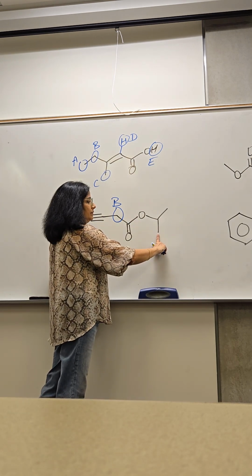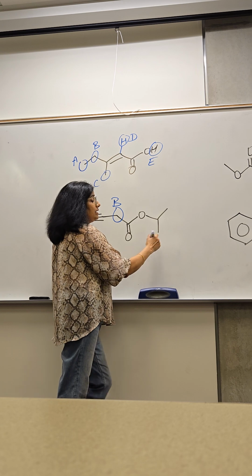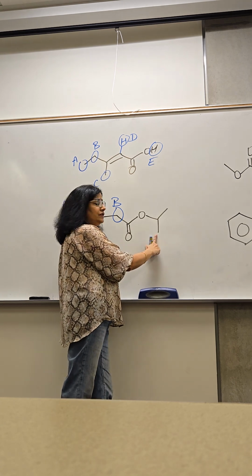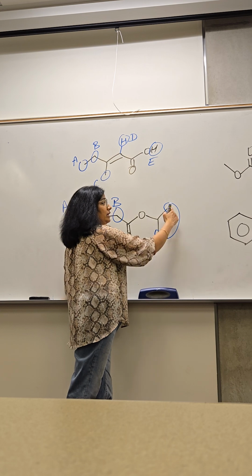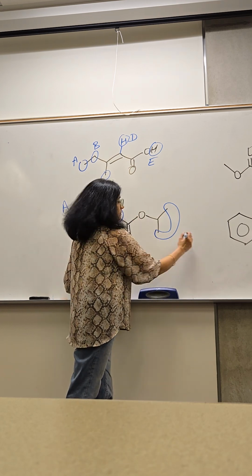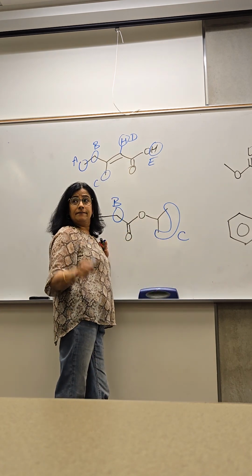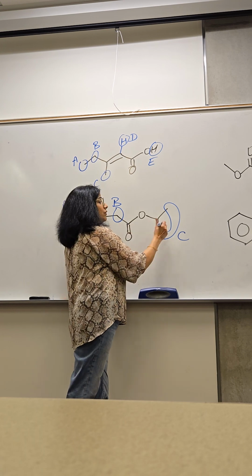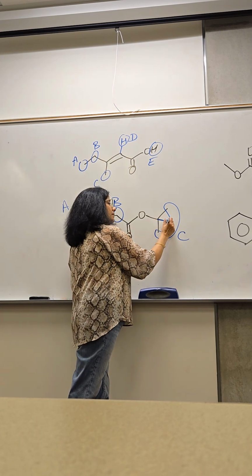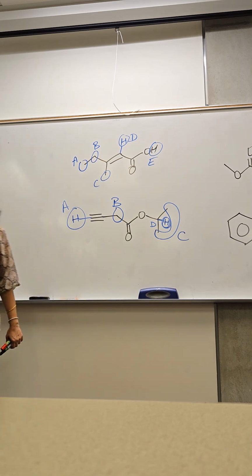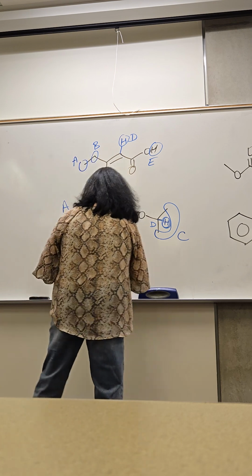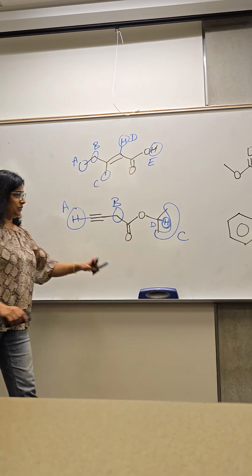Do you agree that these three hydrogens are equivalent, homotopic with those three? And then where's the fourth? Isopropyl group. Splendid. Everybody okay? 4 signals total? Okay, next one. What do you think? How many signals for the next one?